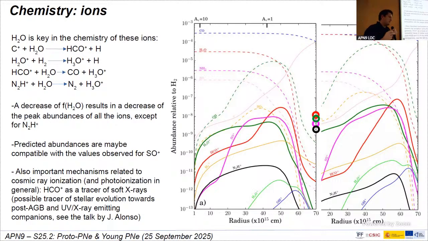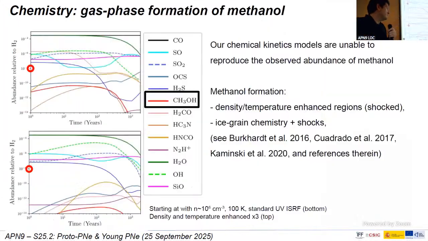And let me note also an important mechanism related to these cations and ions in general, which is cosmic ray ionization and photoionization in general. And HCO+ could be a tracer of soft X-rays. And you can see, later today, the talk by Jaime Alonso that will talk about this nice effect that can be used to trace the nature of these objects.